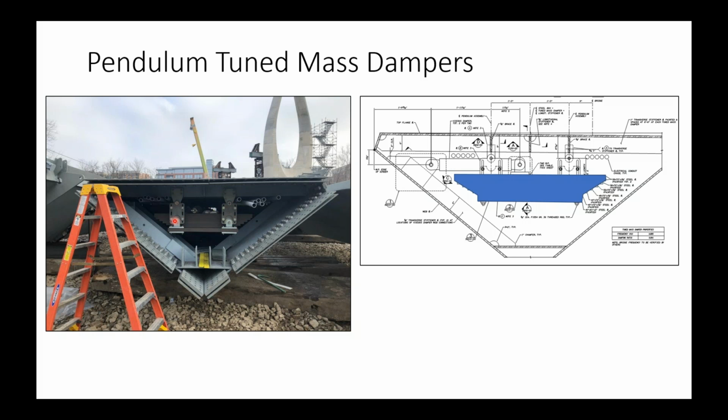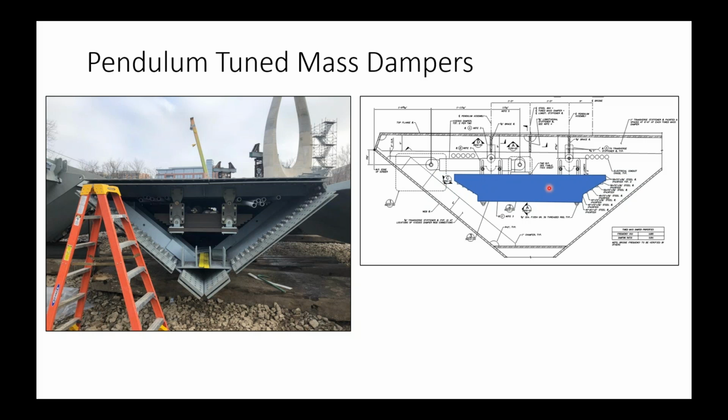So this weight is completely tucked inside the bridge, not visible from the outside, hanging from a pendulum. And this is the engineering drawing of it. Here, this big blue mass. As the bridge starts to vibrate laterally, this mass starts to swing, similar to what the image showed, and it eventually damps out the movement.